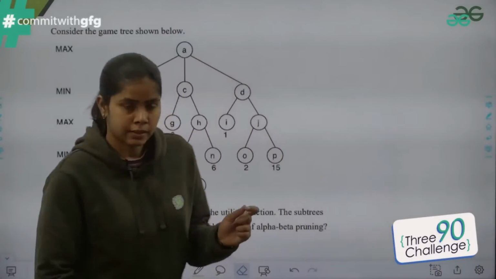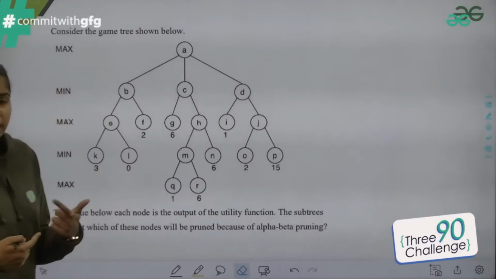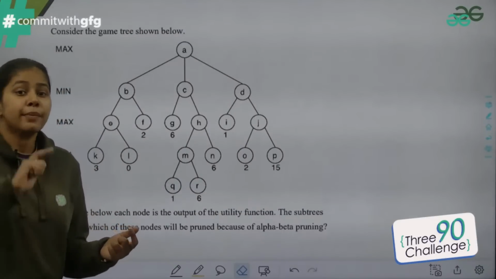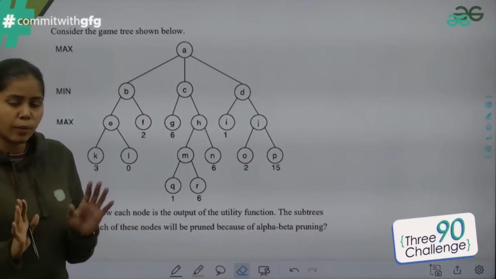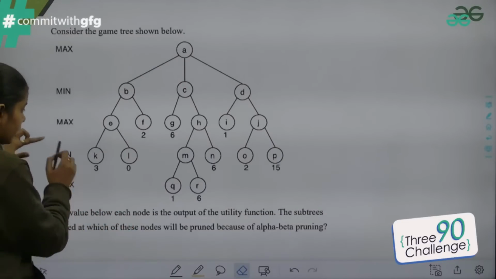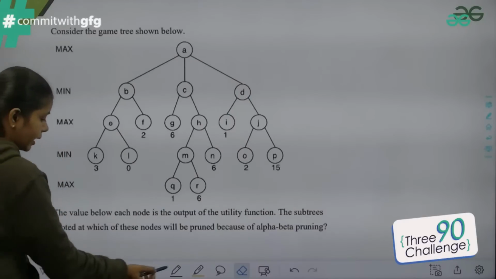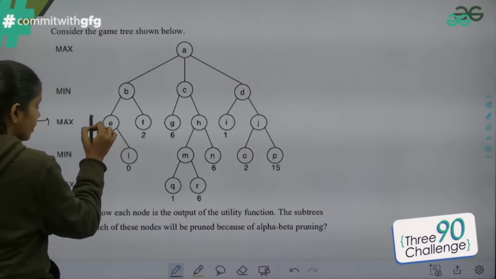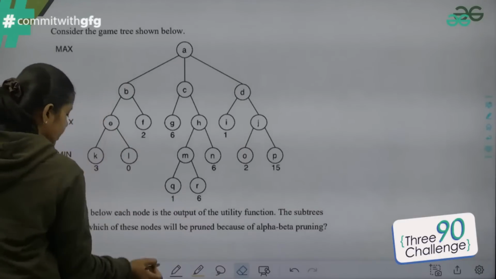So guys, see what would happen. Max has to maximize its utility and min has to minimize the max utility, right? I hope all of you know about that. So what would happen here? This max would try to maximize its utility. So you can see that here, let's take alpha.